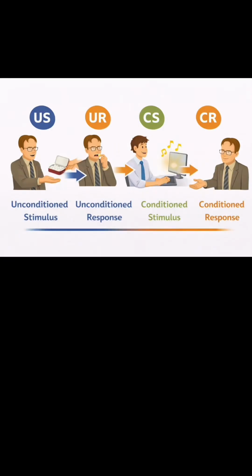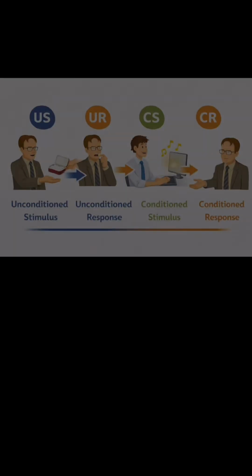At the beginning, the mint is the unconditioned stimulus because it naturally causes a reaction. Dwight's natural reaction, like wanting the mint or having a bad taste in his mouth, is the unconditioned response. The computer sound starts as a neutral stimulus because it doesn't cause any reaction at first. But after repeated pairings, that sound becomes the conditioned stimulus because it now triggers a response on its own.